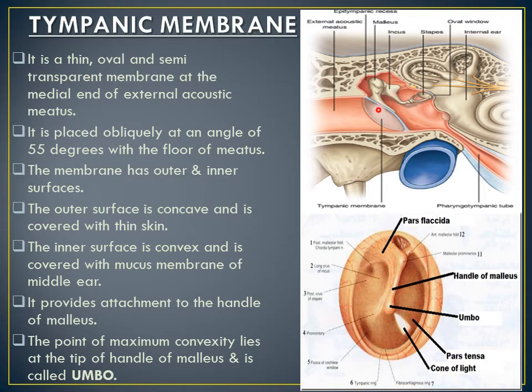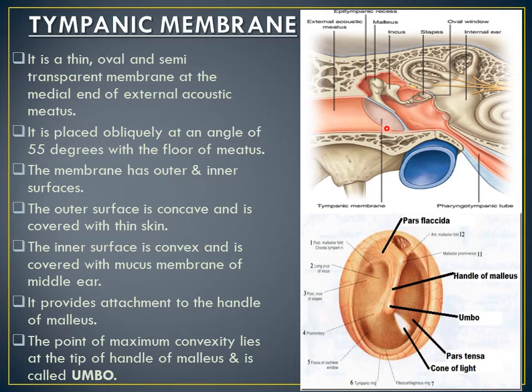So the tympanic membrane forms a partition and separates the external auditory meatus from the middle ear cavity, and it is placed obliquely, and it makes an angle of 55 degrees with the floor of the external acoustic meatus, and the membrane has an outer and inner surface.